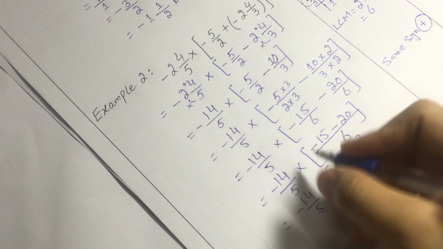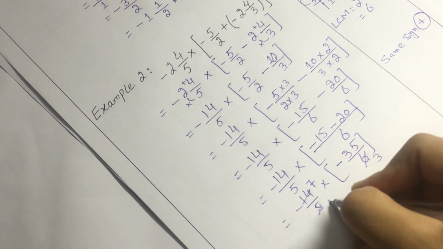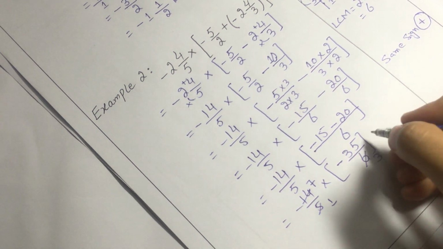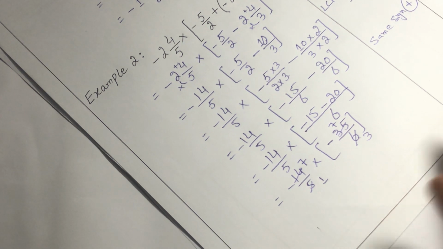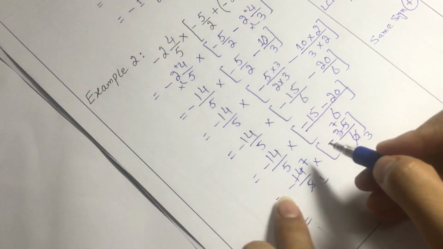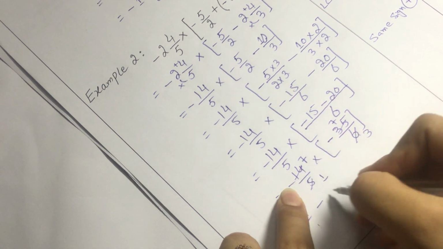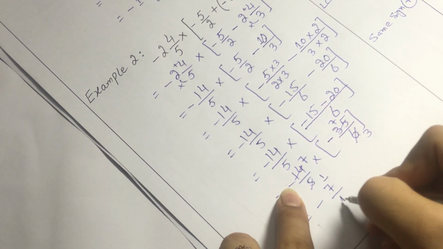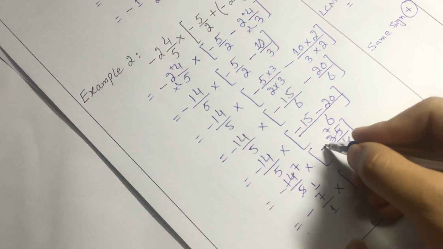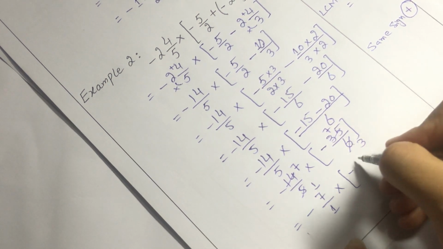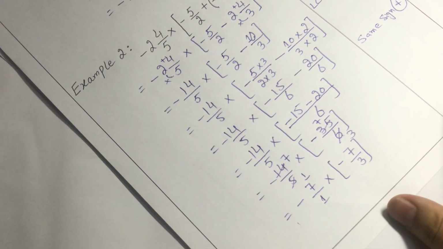So 2 3s are 6 and 2 7s are 14. 5 1s are 5 and 5 7s are 35, right? So write the remaining numbers and don't forget to write the negative sign. Negative 7 over 1 multiply bracket negative 7 over 3, right?